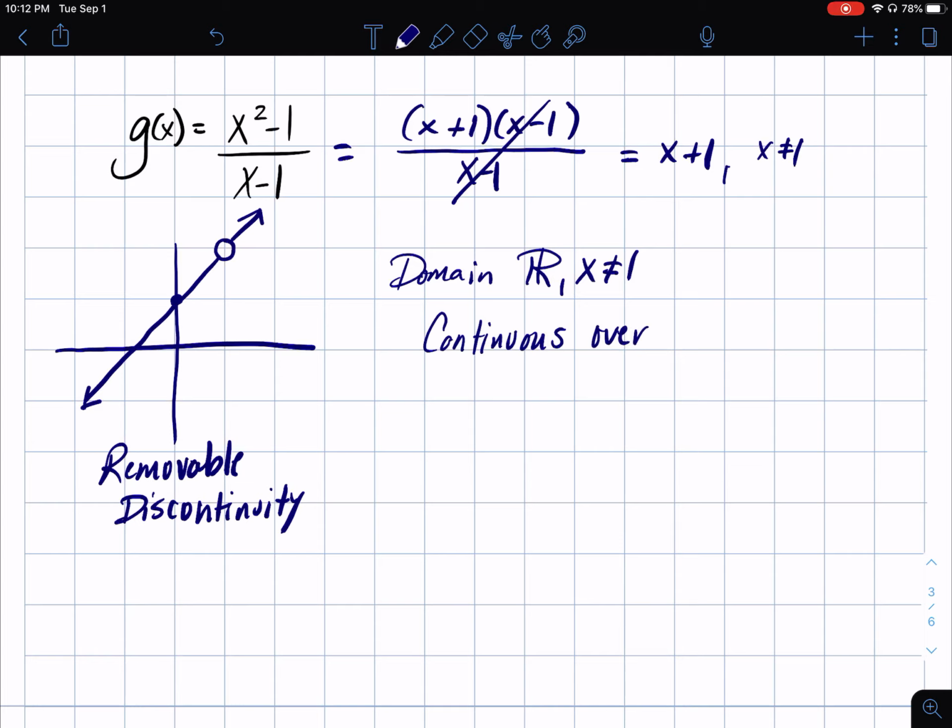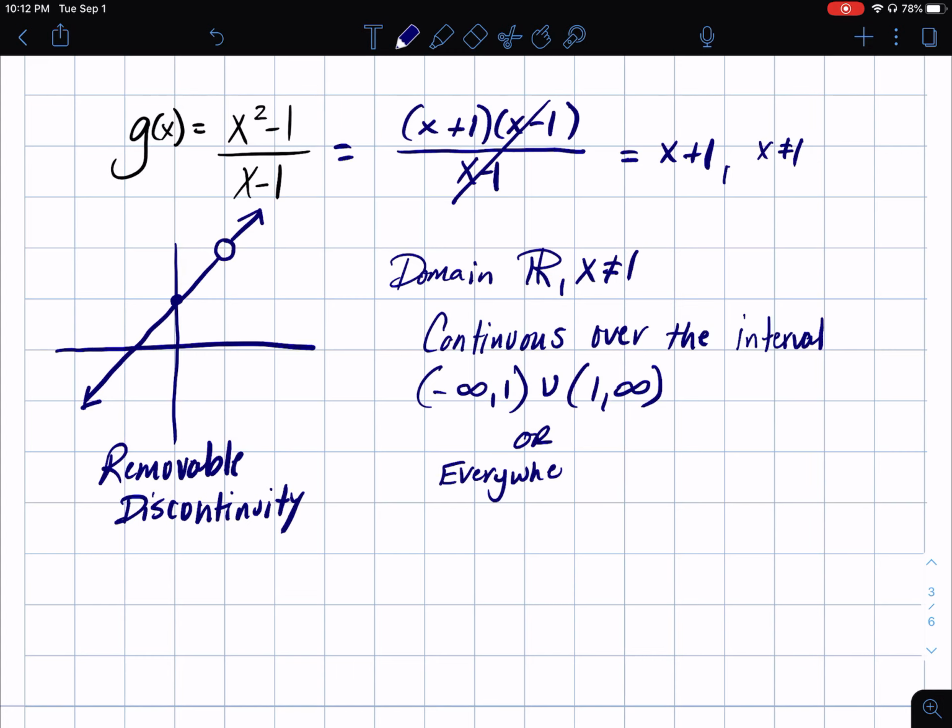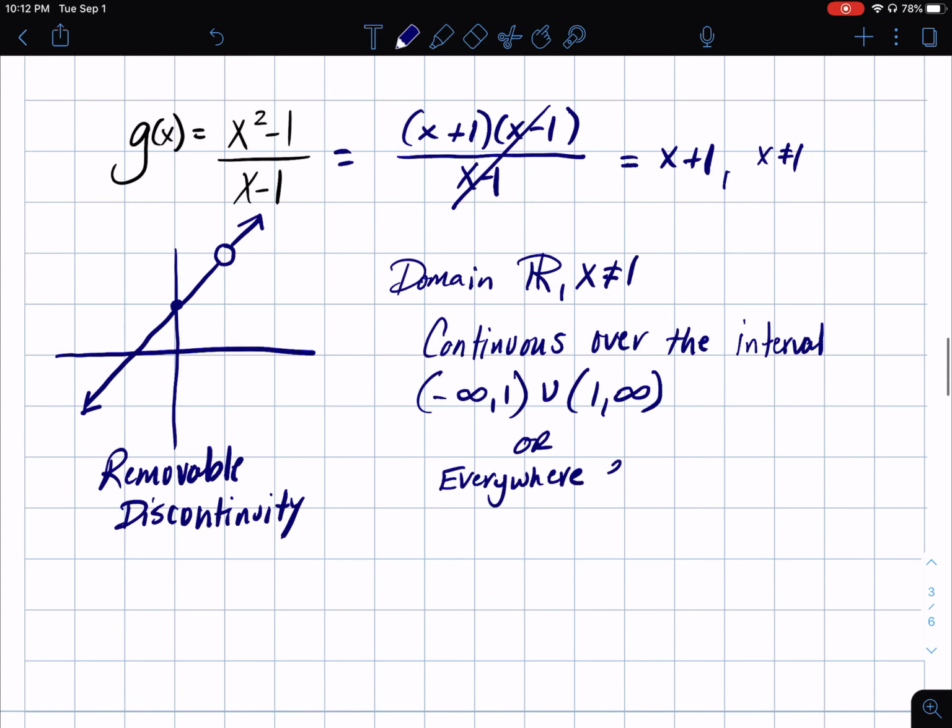over the interval negative infinity to 1, union 1 to infinity. And so that just means everything from negative infinity up to 1, not including 1, everything from 1 to infinity, not including 1. So we could say, or everywhere except x equals 1.